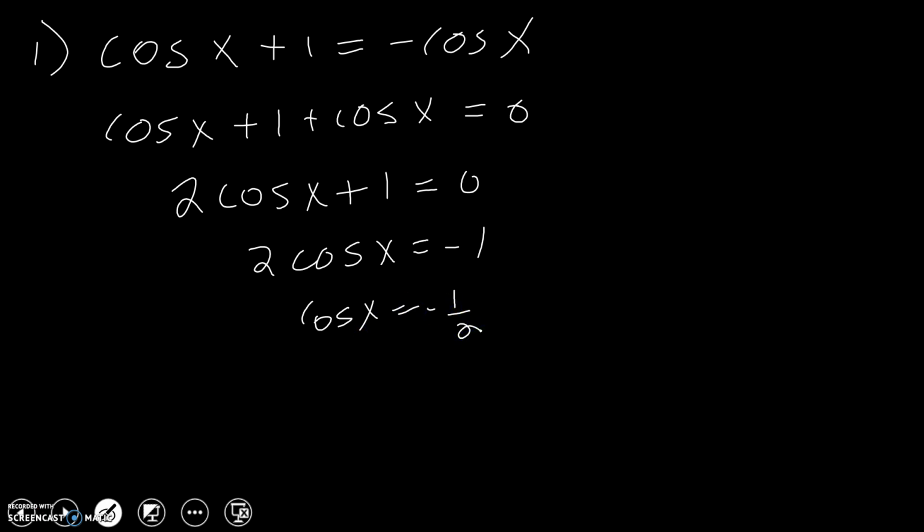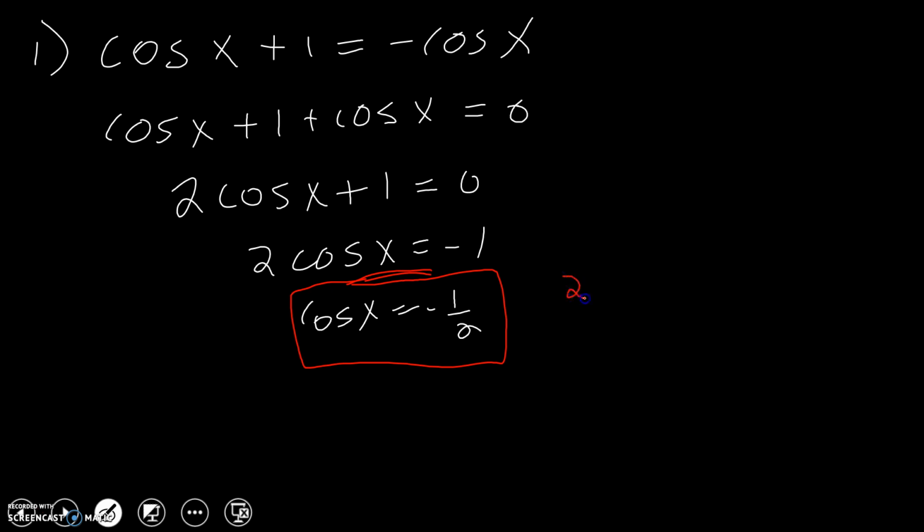Now, this is not my answer. I have to find the angle at which cosine of x equals negative 1/2. So that's why you need to memorize or have your unit circle out. These are the two different angle positions where cosine of x equals negative 1/2.